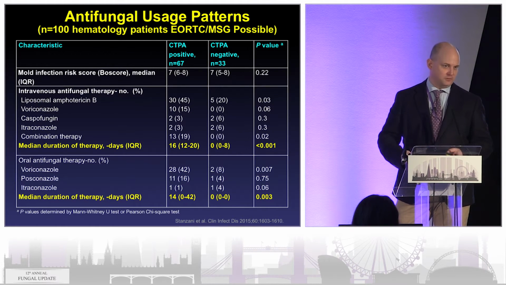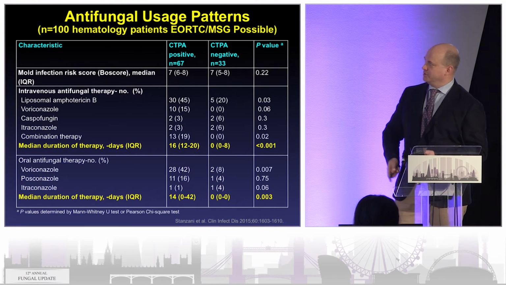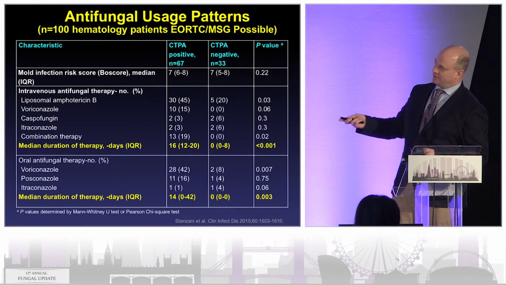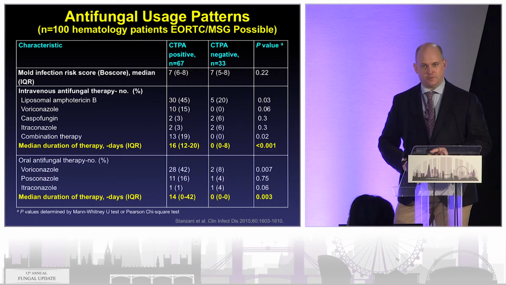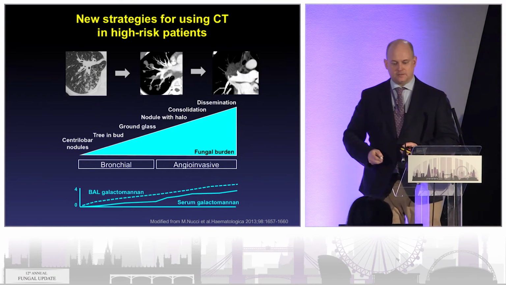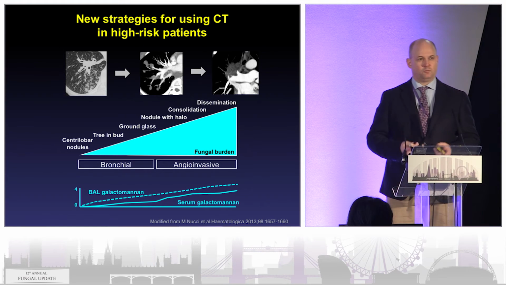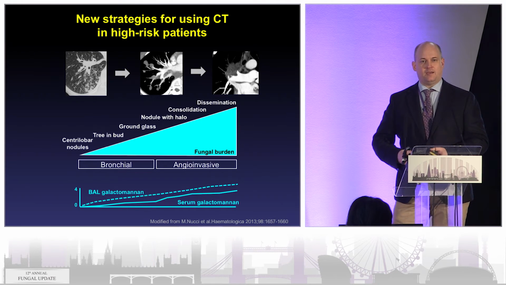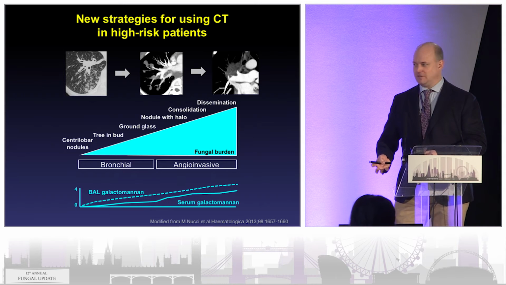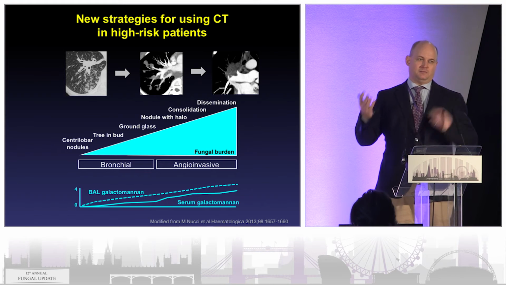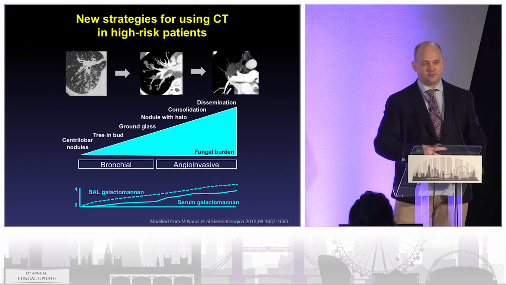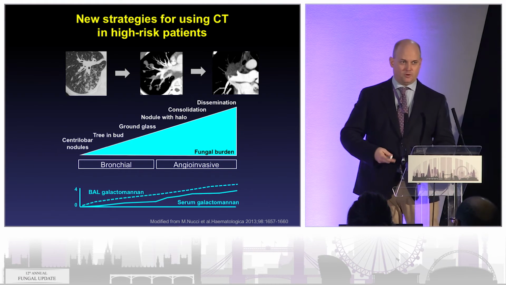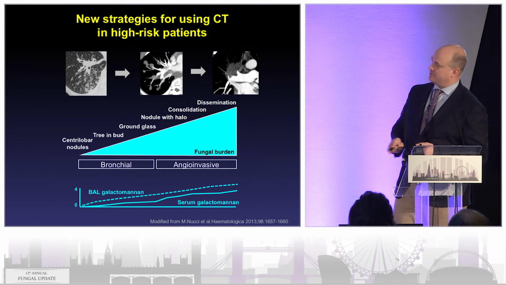They self-governed themselves by using a test that they believed in, and we saw significant reductions in the use of both intravenous and oral antifungal therapy. So certainly I think that there is a role. Maybe we need to go back and not just focus on the CTs the way we have been for interpreting them and the signs that we've discussed for the last 15 years. There may be opportunities for helping us improve managing our patients.